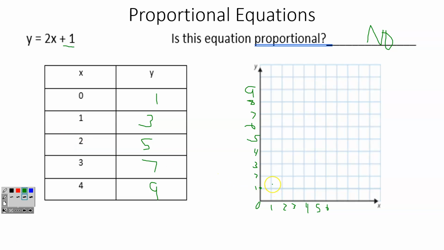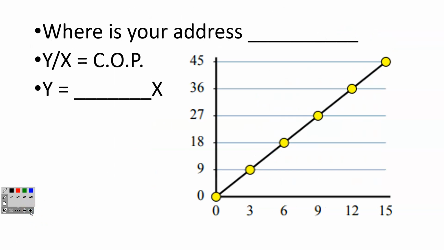Over 1 up to 3. Over 2 up to 5. Over 3 up to 7. Over 4 up to 9. So my graph would look like that. It does not go through 0, 0, so it just proves that it's not proportional.